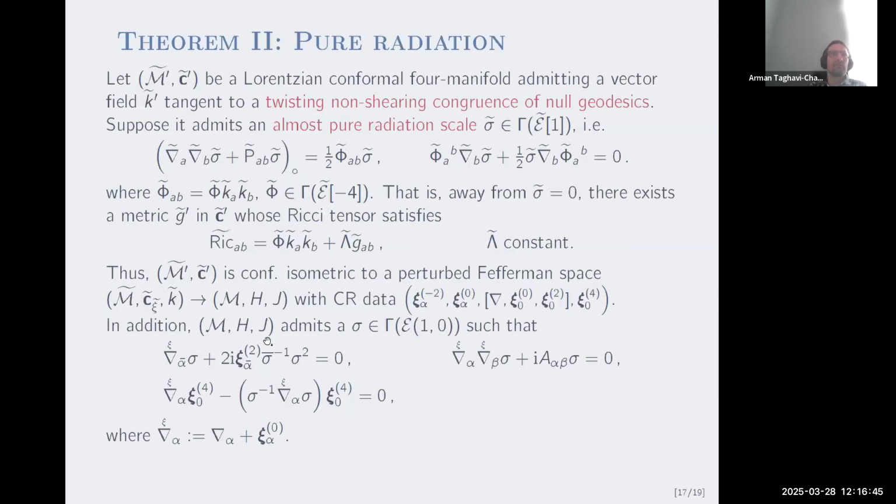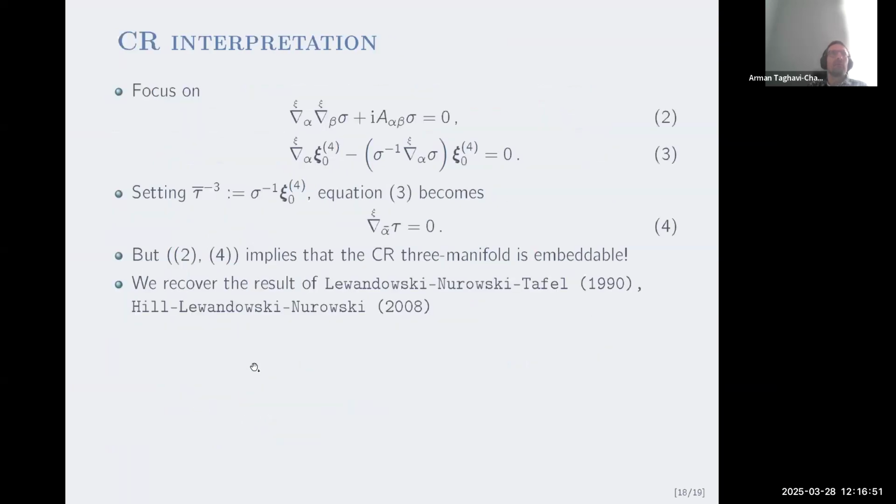So if I focus on this equation here and that one here, so these two here, I can massage them, I can make some substitution. And notably for this equation 3 here, I can turn this equation 3 into this equation here.